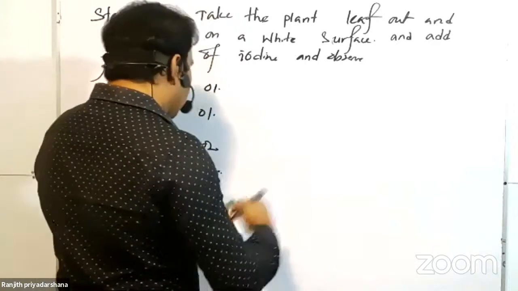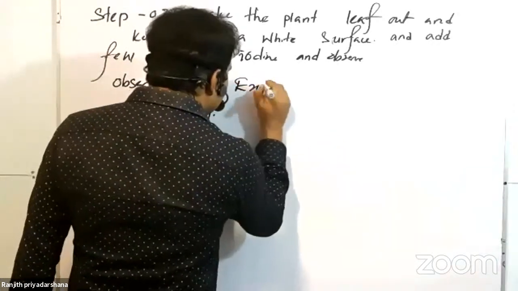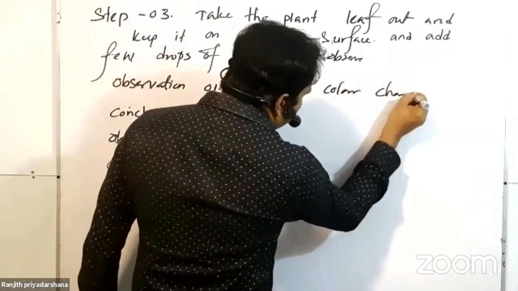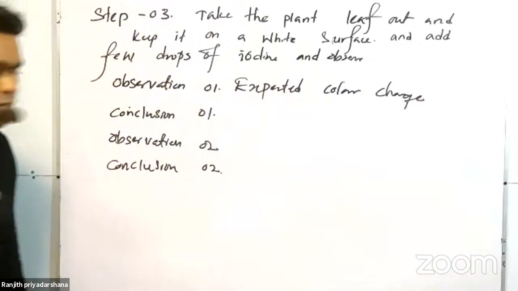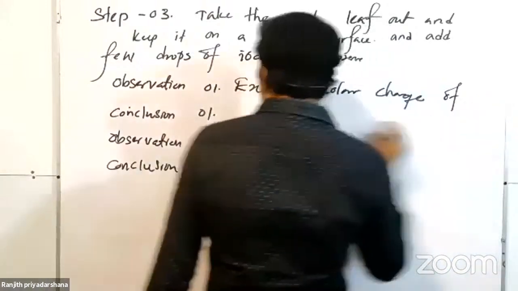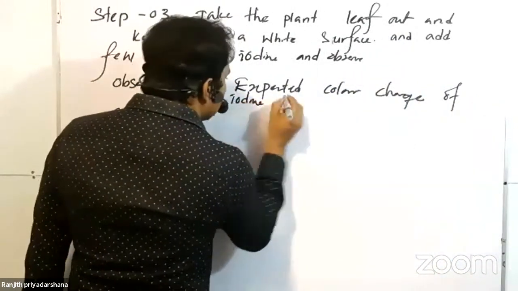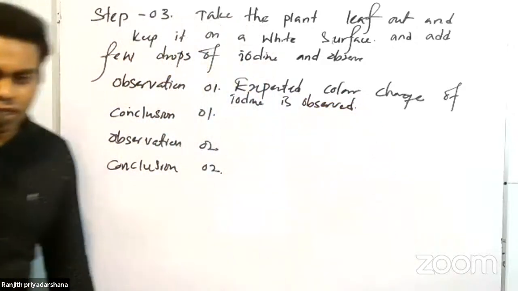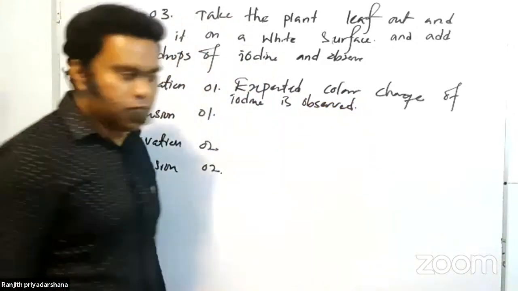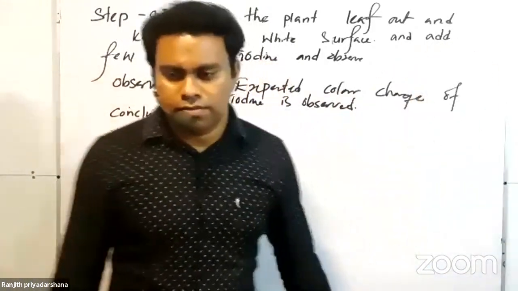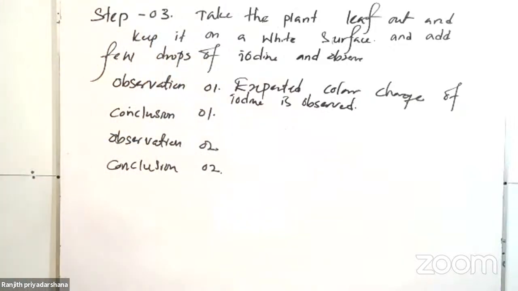What's the expected color change? Expected color change of iodine is observed. මොකද්ද පුතේ? Brown to dark blue or brown to dark purple. Expected color change of iodine is observed.